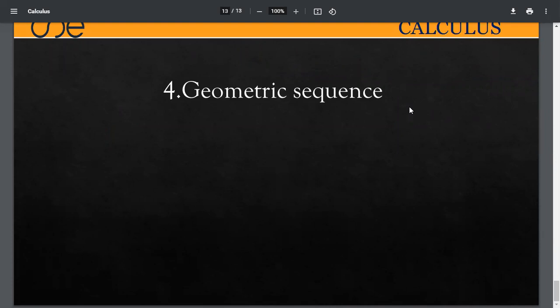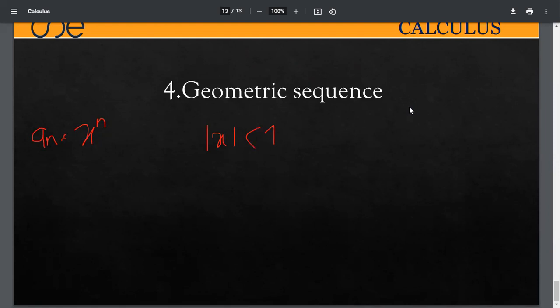So what's so special about a geometric sequence? Suppose we have here my sequence, a n is equal to x power n. If I know that the absolute value of x is less than 1, then the sequence terms keep getting smaller and smaller.